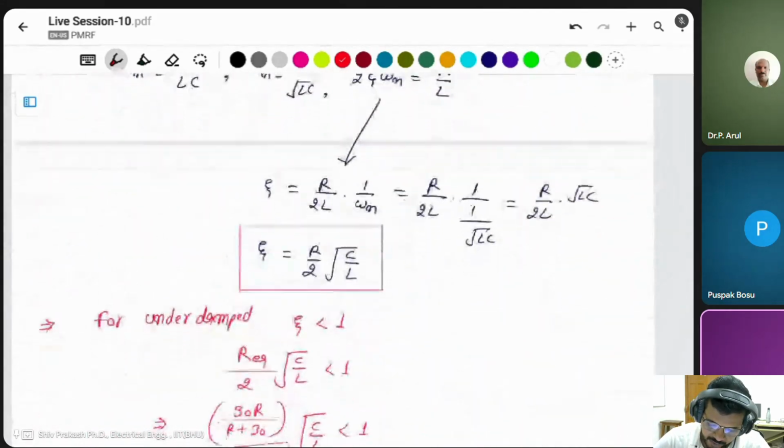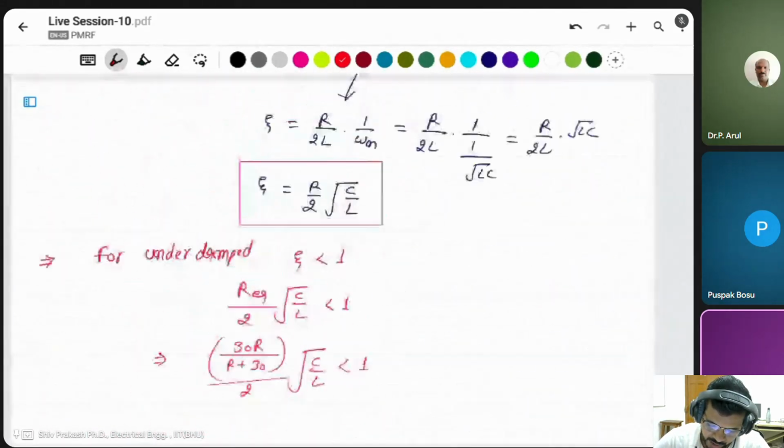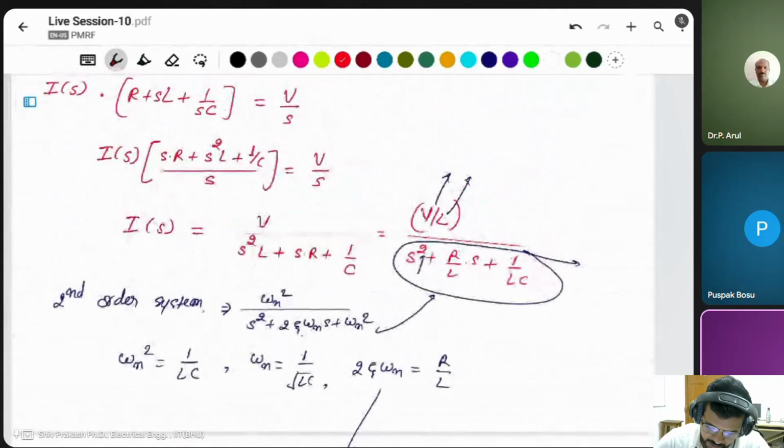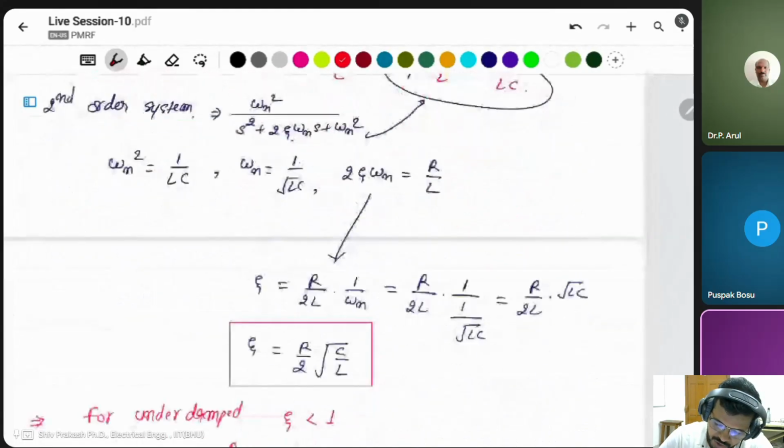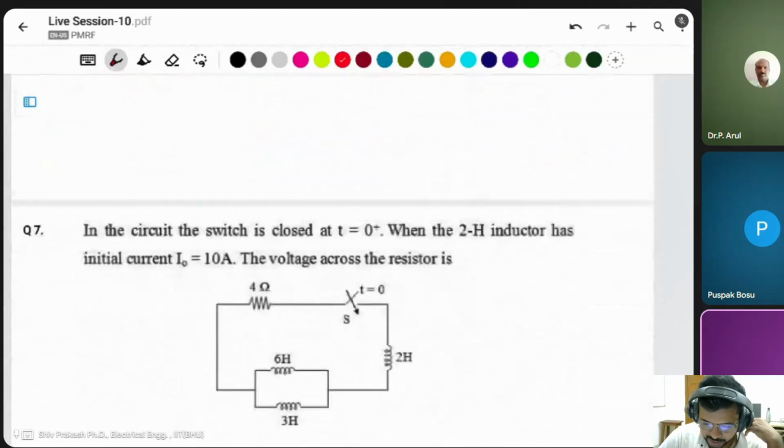Same thing, suppose in this case R is equal to 0. There is no resistance, and we will find Is. R is equal to 0, so what is zeta here?